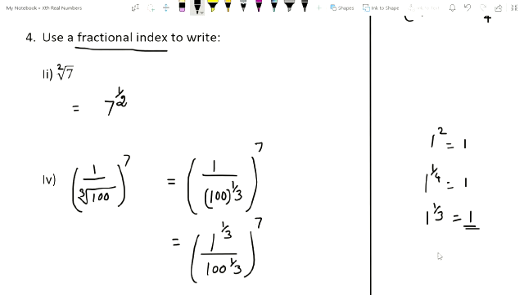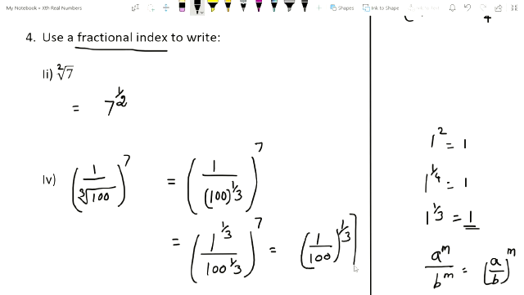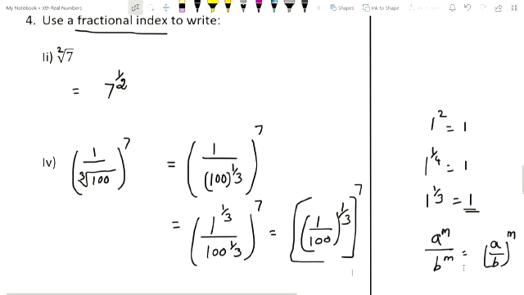Before that I explain: a power m divided by b power m equals, how can you write, children? a by b whole power m. This method I am going to apply. So 1 by 100 whole power 1 by 3, whole power 7. Now it is in the form of a power m whole power n.